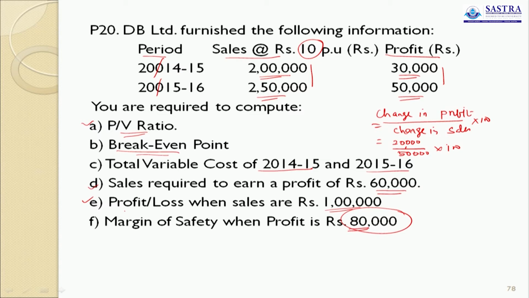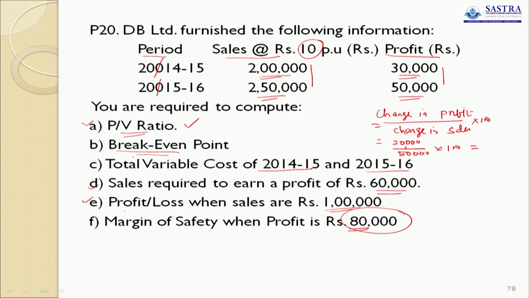So the answer will be the PV ratio, 40%. You have to use this formula to find out PV ratio. Once you calculate the PV ratio, we will use it for the other requirements in the questions.